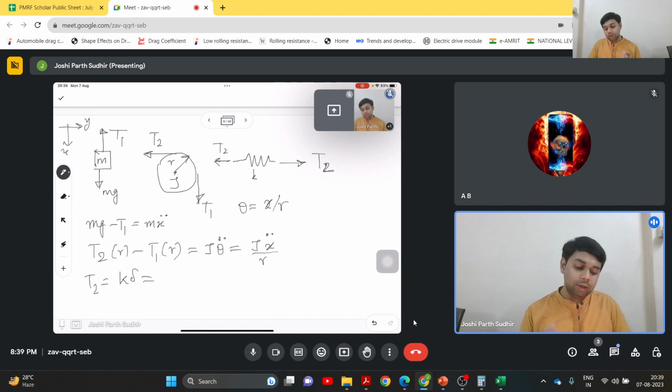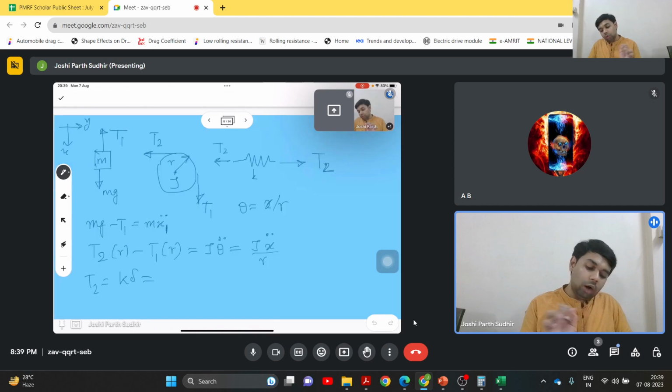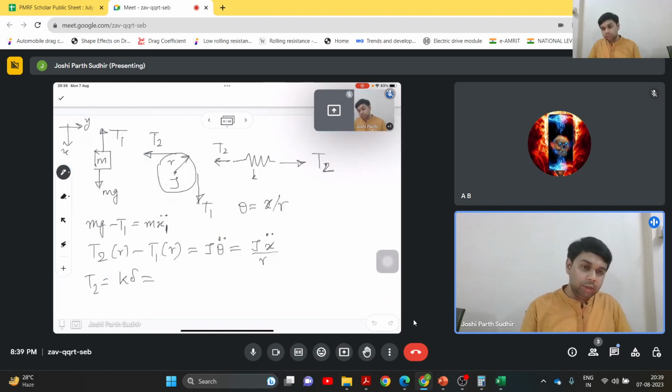But let us say we are talking about the absolute position, with coordinate, let us say, x1. Then how do we write the deflection of the spring?